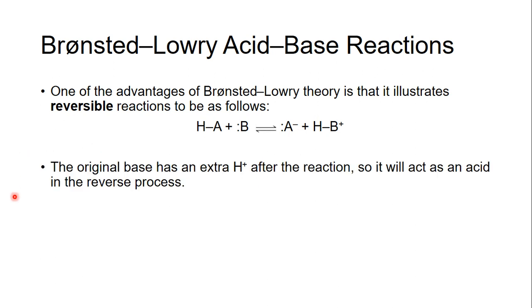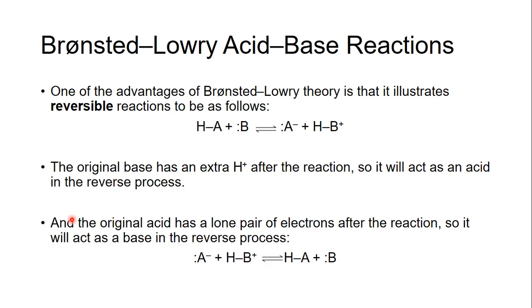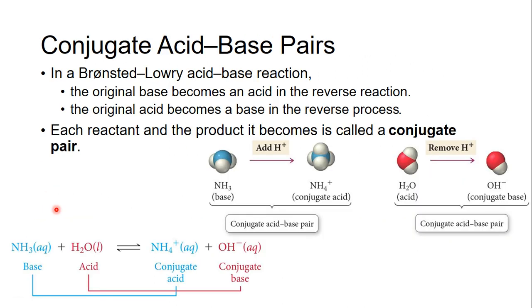All right. So the original base will have that hydrogen, and it will act as an acid in the reverse process. And the original acid, A, will now have a lone pair of electrons, so it will act as the base. And by thinking about acids and bases in this manner, we get what are called conjugate pairs. So let's look at this reaction.